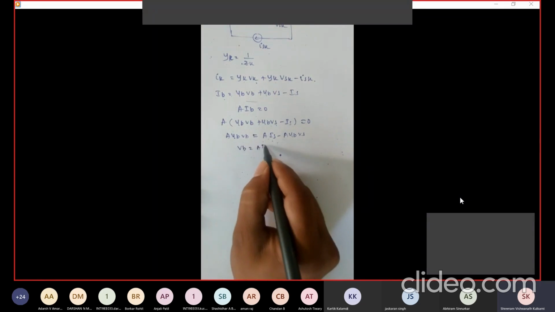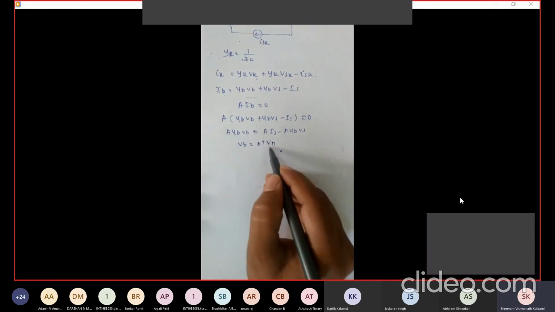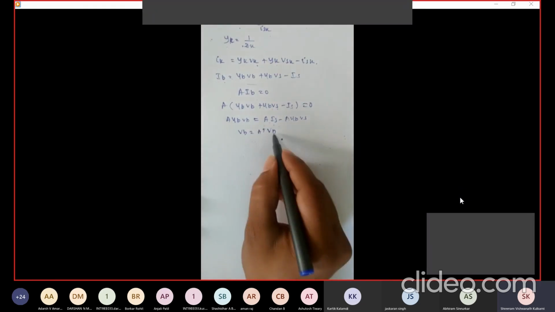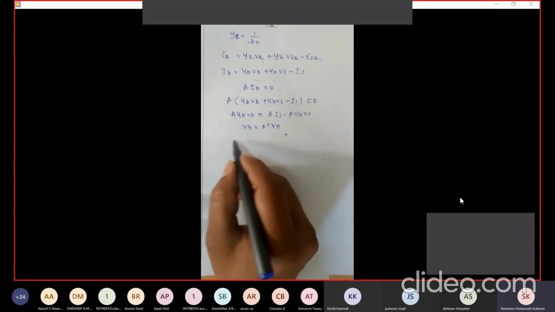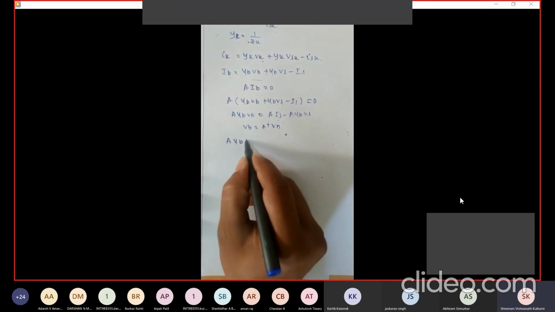Vb equals A transpose Vn, where Vn is the node voltage matrix. Then you know A Yb A transpose.